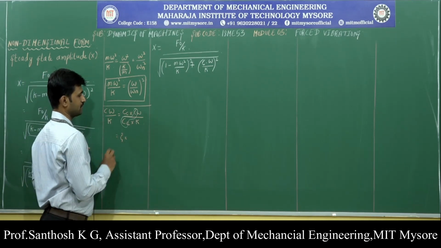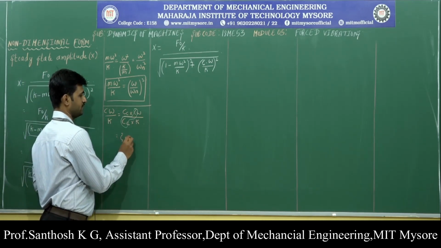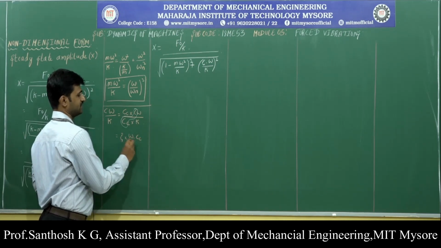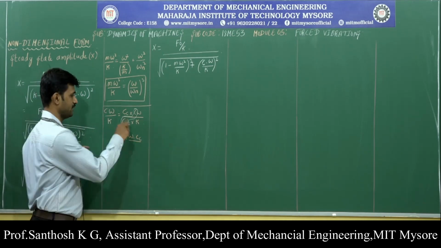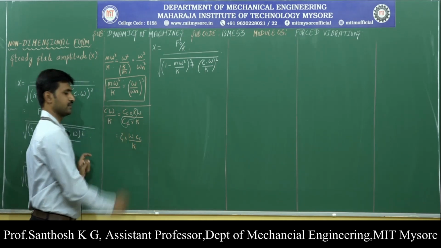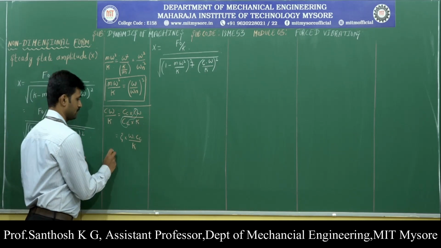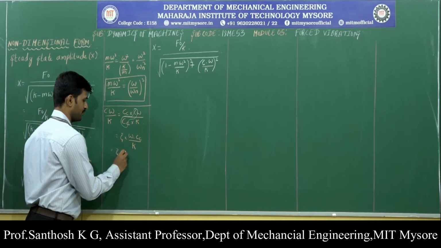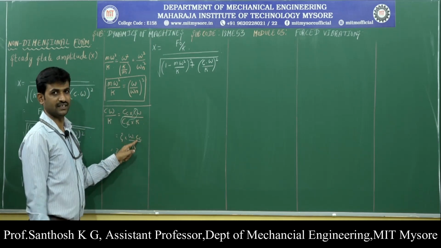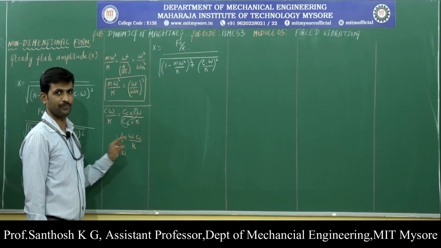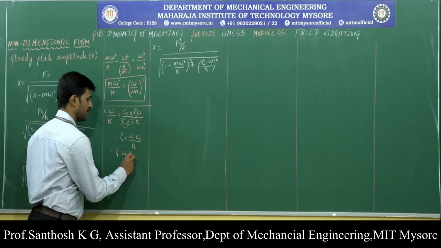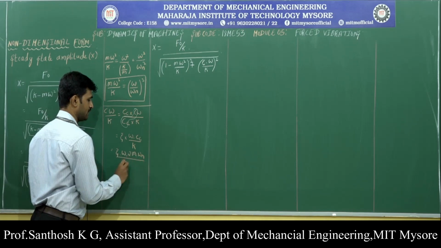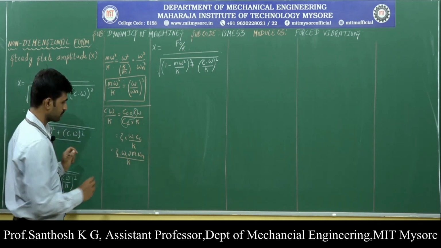The remaining terms are omega and cc in the numerator, and k in the denominator. Then zeta into omega, with the critical damping coefficient cc written as 2 times m omega n, divided by k.